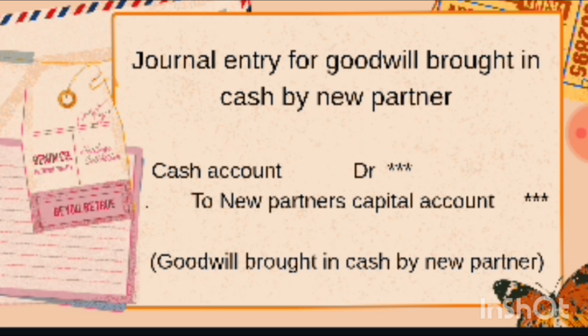In the new partner's capital account, it has to be credited with cash account. The amount brought by the new partner as goodwill has to be disclosed under the new partner's column. So the narration will be goodwill brought in cash by new partner.